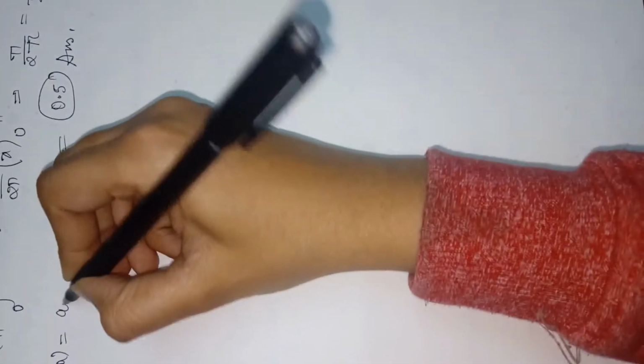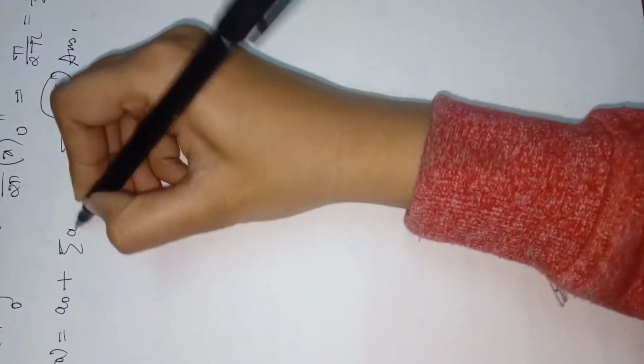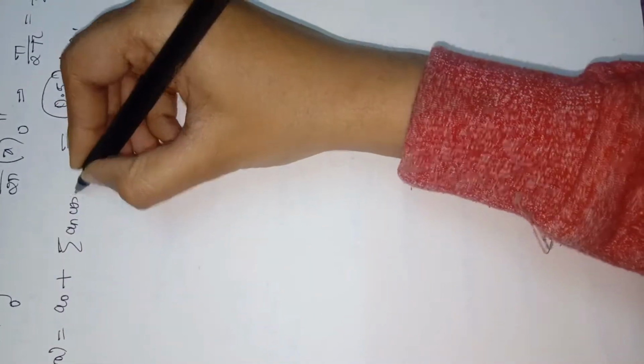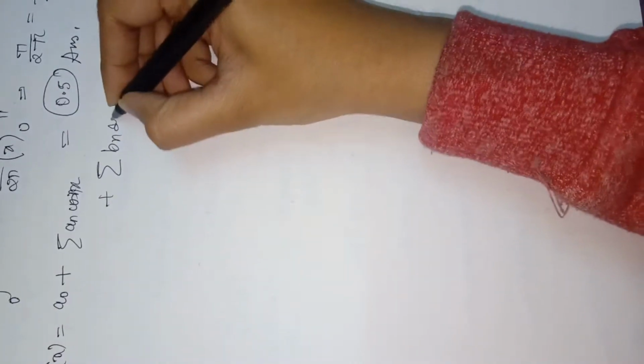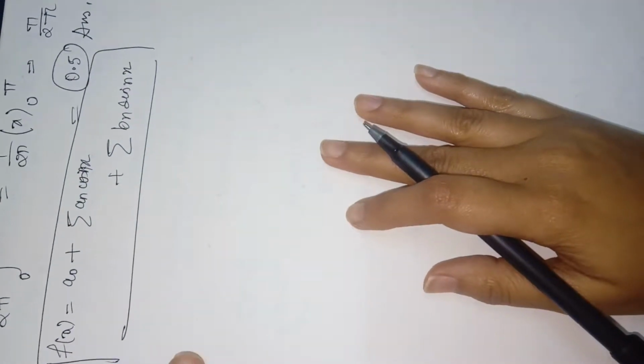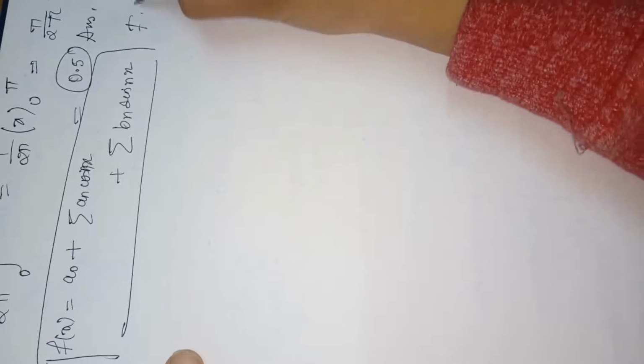remember, my f of x has a DC term, some cos terms, some sine terms. This is what I have. This is my Fourier series expansion.